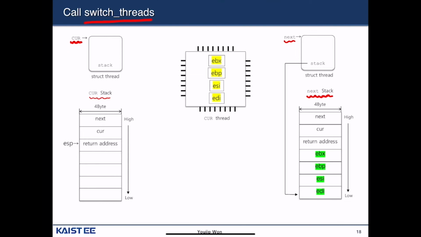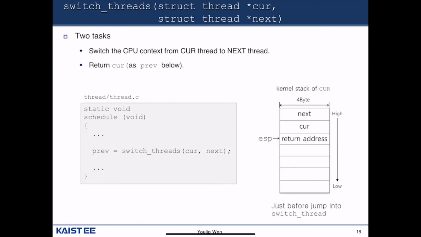Both of them are in the kernel address region. And the stack pointer ESP points to the stack top of the current stack. This is the state of the memory layout right after switch thread is called. So it just jumps to the switch thread function.